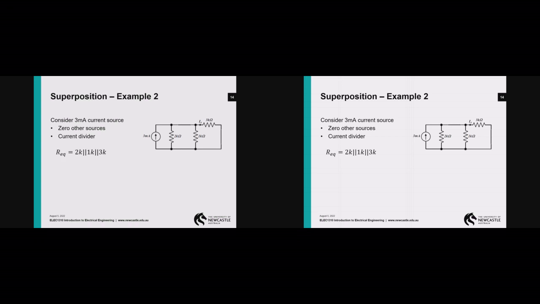So the first thing, because there's 3 branches, not 2, I need to work out the equivalent resistance of those 3 branches. So I've got 2 in parallel with 1, in parallel with 3. The way I do that is 1 over R equivalent equals 1 on 2 plus 1 on 1 plus 1 on 3.